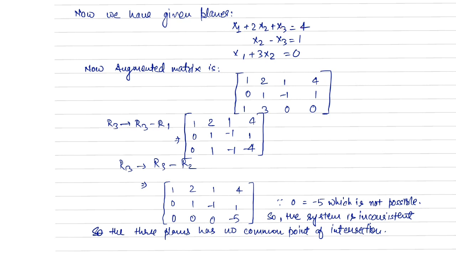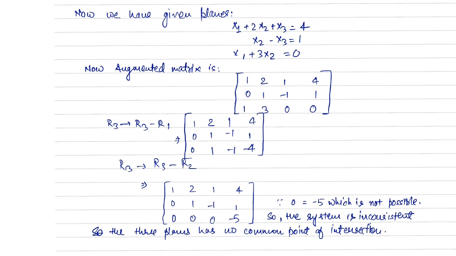In the second equation, similarly, the x1 coefficient is 0, the x2 coefficient is 1, the x3 coefficient is minus 1, and the constant is 1. And in the third equation, the coefficient of x1 is 1, the coefficient of x2 is 3, the coefficient of x3 is 0, and the constant is 0.